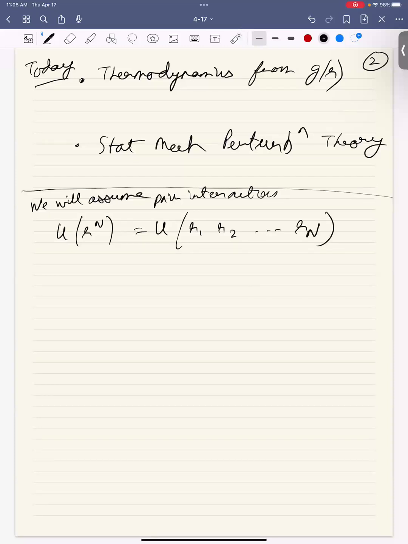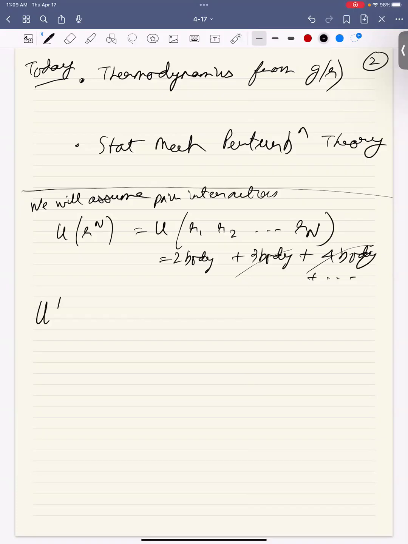And this could be a sum of two body, plus three body, plus four body, plus really everything at the same time. If you have a neural network, it could be really, really complicated. But what we are going to say is we are not going to worry about these three body terms and four body terms. We are only going to look at the two body terms.